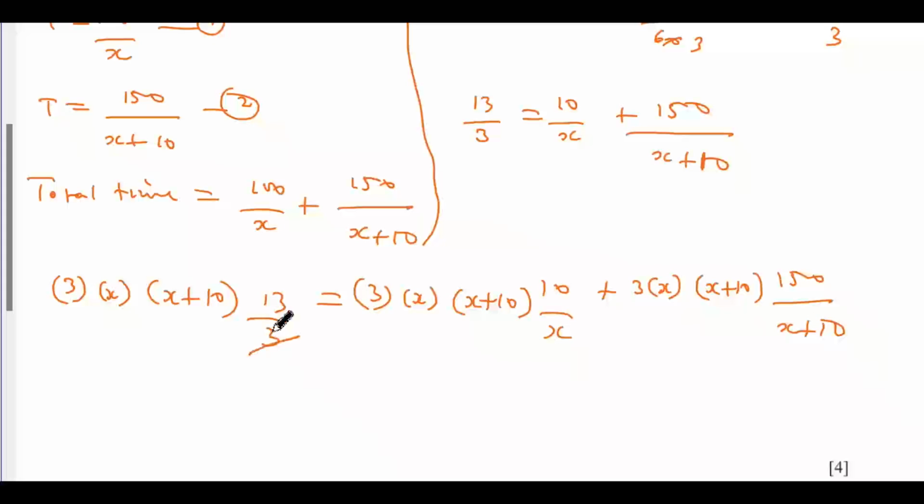Of course, 3 we cancel 3 left, x we cancel x here, then x plus 10 we cancel x plus 10 here. So we are left with this and this here.